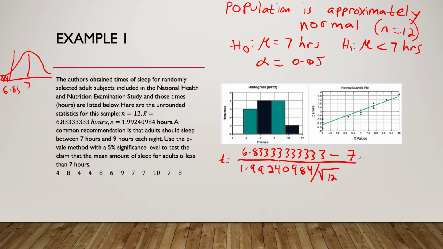If you toss this into a calculator, you get an answer of about negative 0.290, and the p-value is 0.3887.